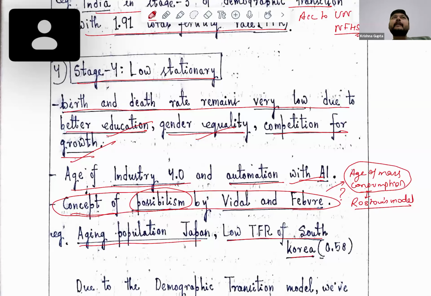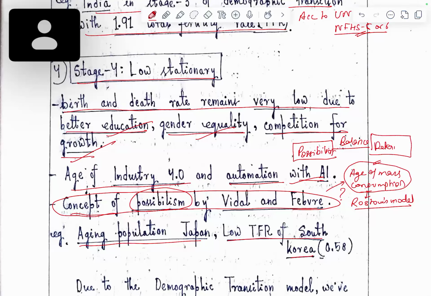But when we move to the age of mass consumption, we see that a balance is achieved between possibilism and determinism. This balance is resulting in the highest quality of life, and it is also giving the highest standard of living.